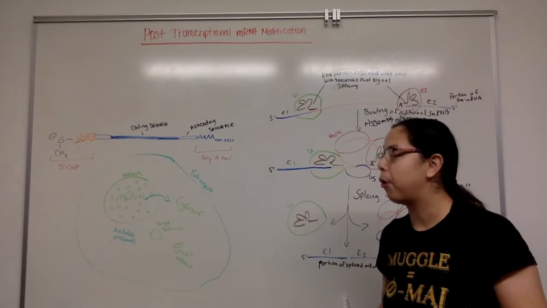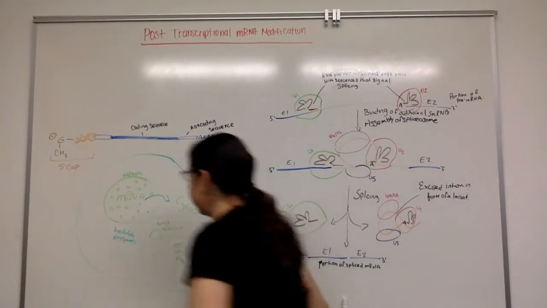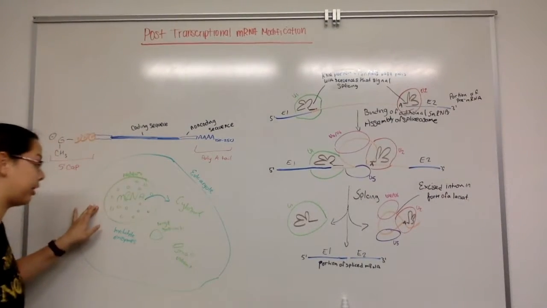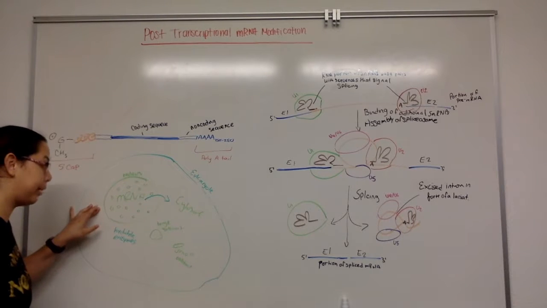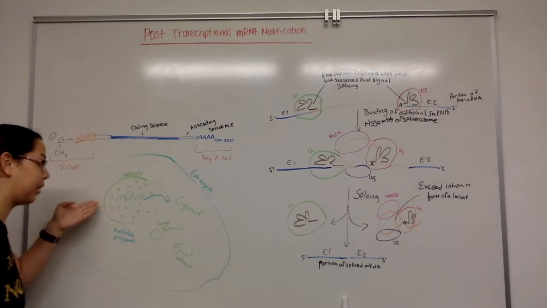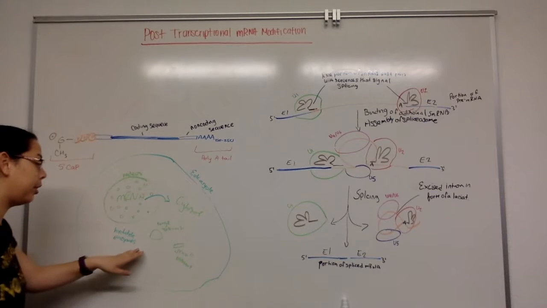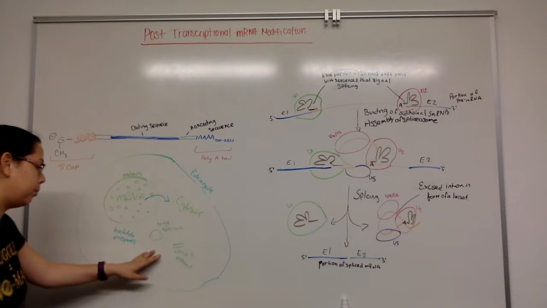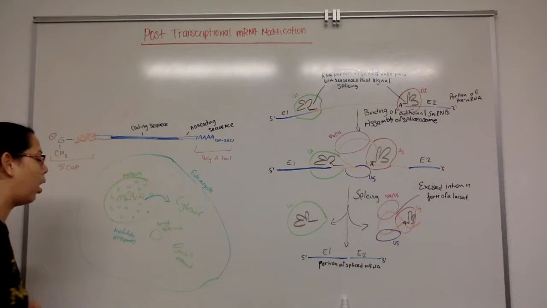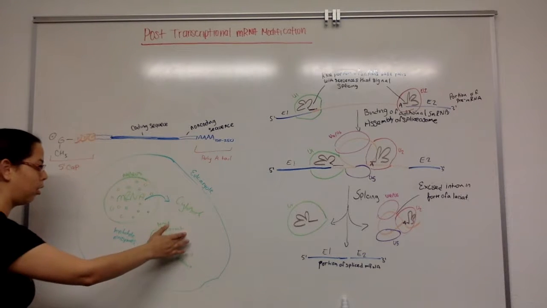Unlike prokaryotes, eukaryotes have a nucleus, and once our DNA is transcribed into mRNA transcripts, it's still within the nucleus. Our RNA subunits and other RNAs and other proteins are within the cytosol.